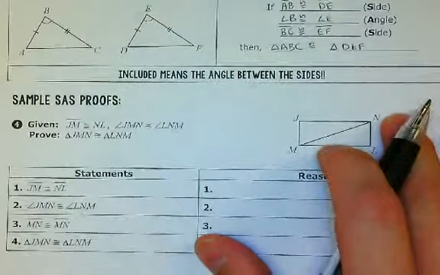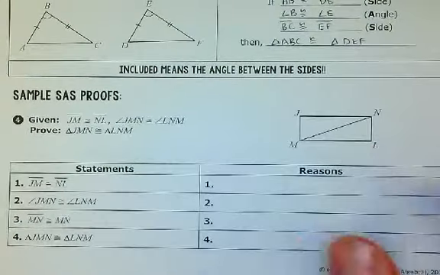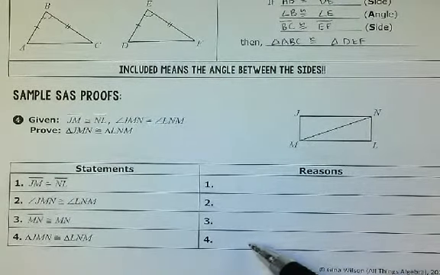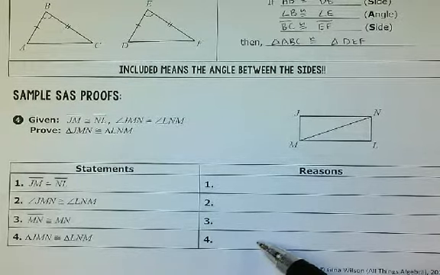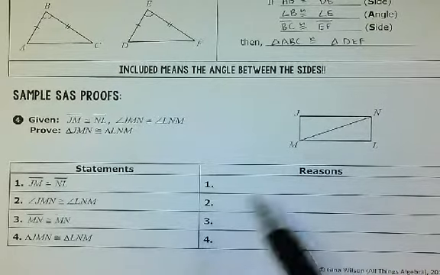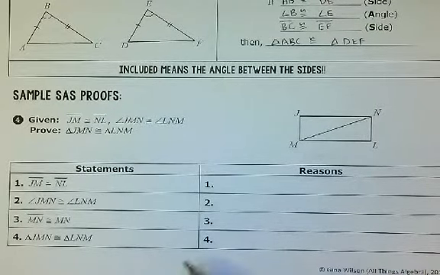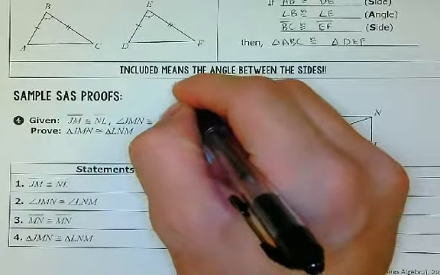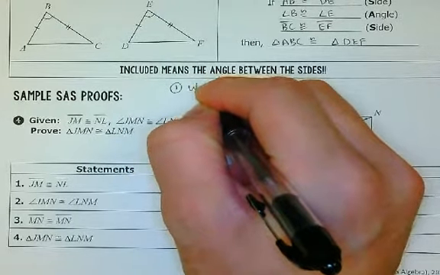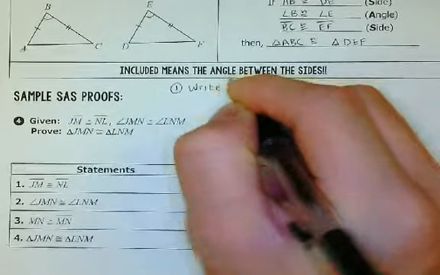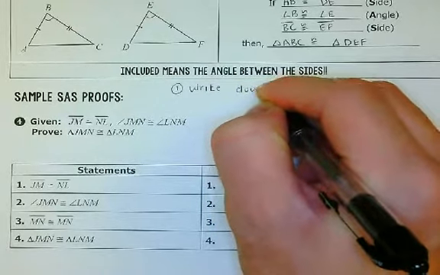So let's use this in our next example. This time we've only got 4 different rows. So that means that we're going to have 4 statements, 4 reasons. First thing that we do, step 1, write down the givens. Write down what is given to you.